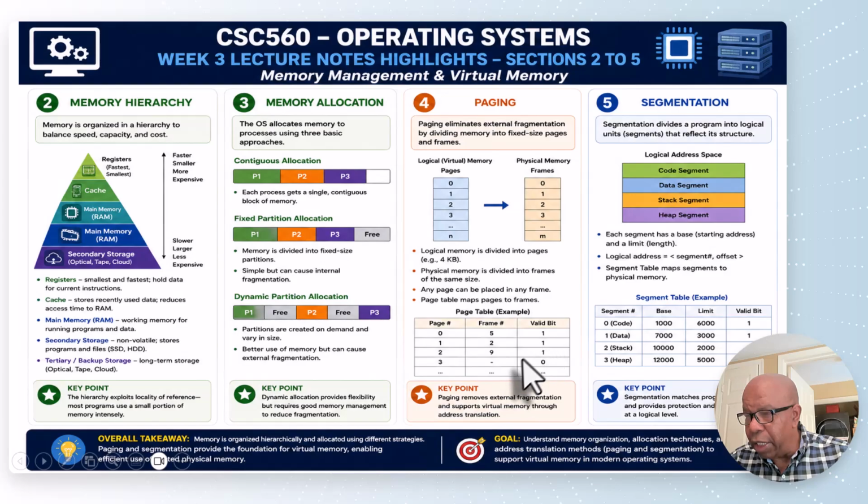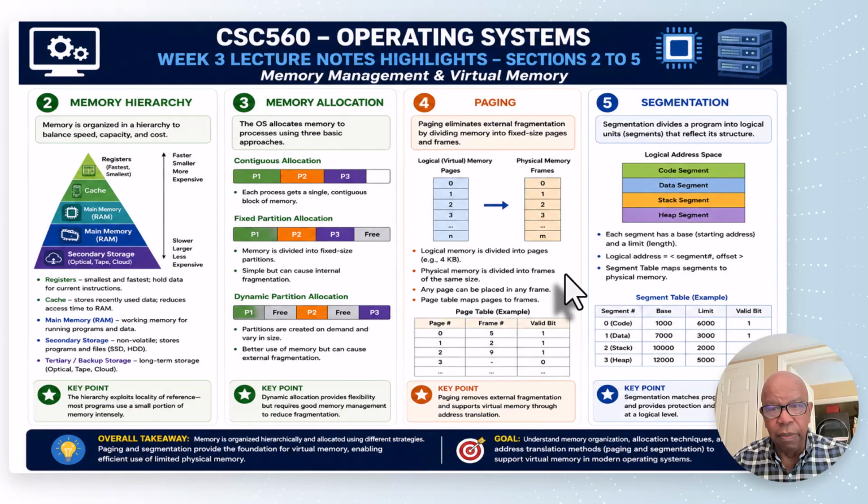Okay, so here we have a paging table. The paging table basically tells us where it's located physically. So in this case, I have page 0 is in frame 5. Page 2 is in frame 9. So I keep track with the page table that tells me what physical location my logical page is.